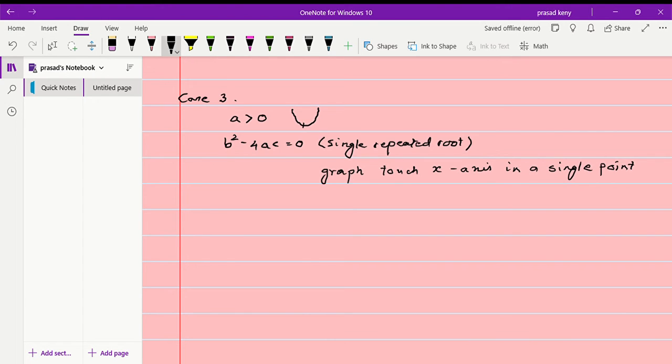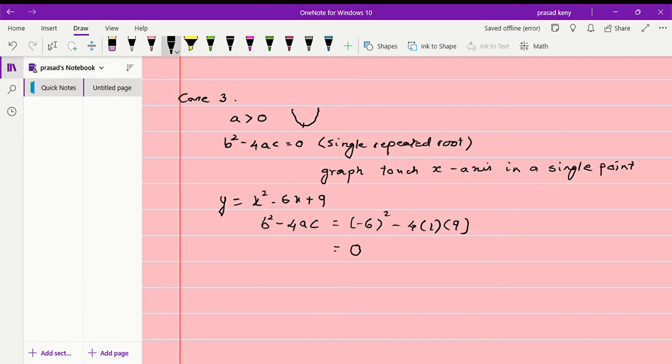So take here the example of y is equal to x square minus 6x plus 9. So here the discriminant of the corresponding quadratic equation x square minus 6x plus 9 equal to 0 will be b square minus 4ac, that is negative 6 the whole square minus 4, a is 1, c is 9, which is 36 minus 36, that is 0.